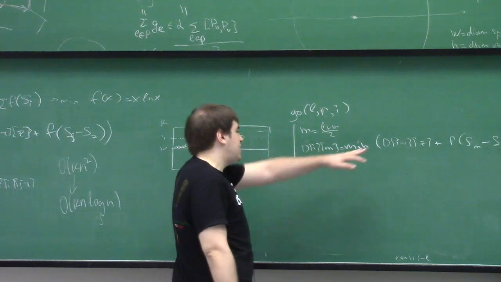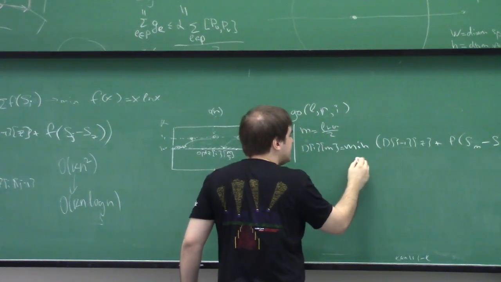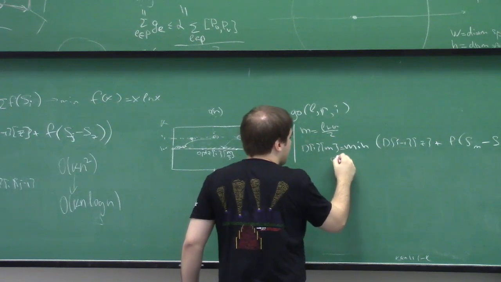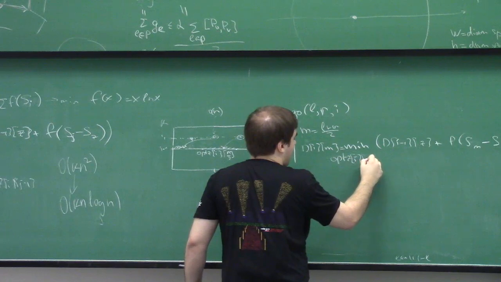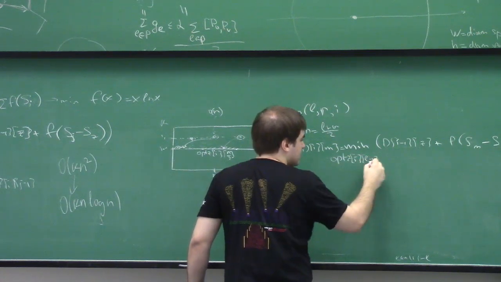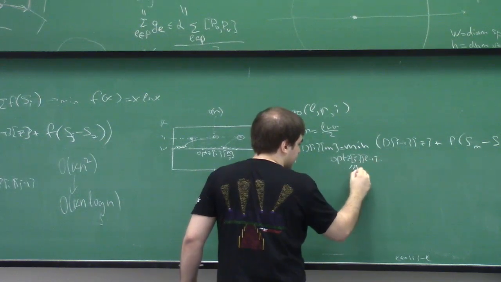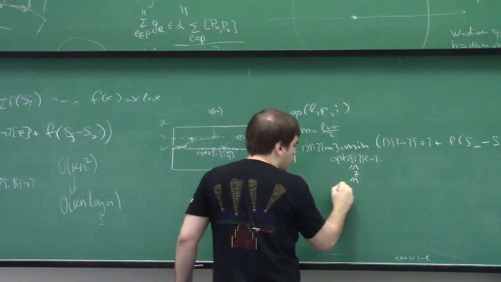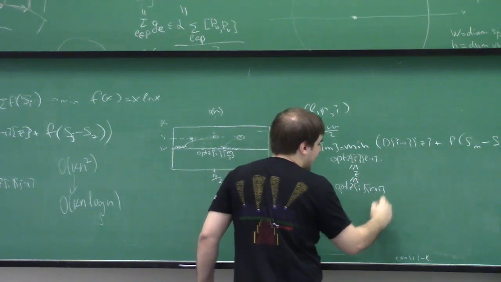We calculate it using this formula, but the z we will consider only in the range of opt z of i, L minus 1 to opt z of i, R plus 1.